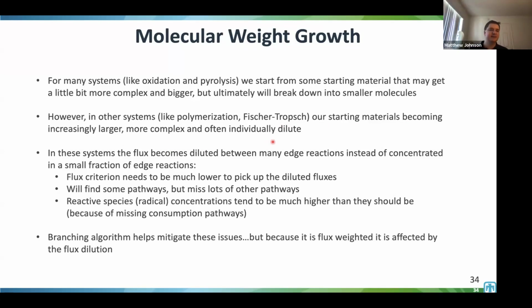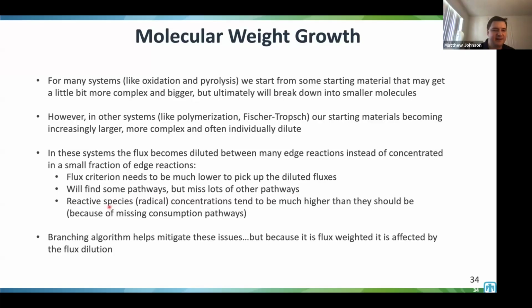And as RMG runs in these systems, the flux is going to be diluted between all these possible products. As a result, we end up with a large flux across all reactions that are all individually small fluxes, which is very difficult to deal with. It means our flux criterion has to be a lot lower to pick up those diluted fluxes, but it often causes us to find some pathways but miss lots of other pathways in this process.